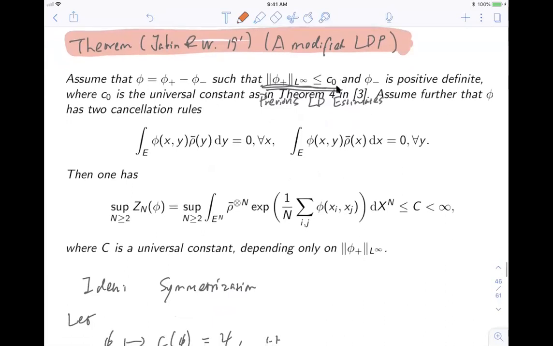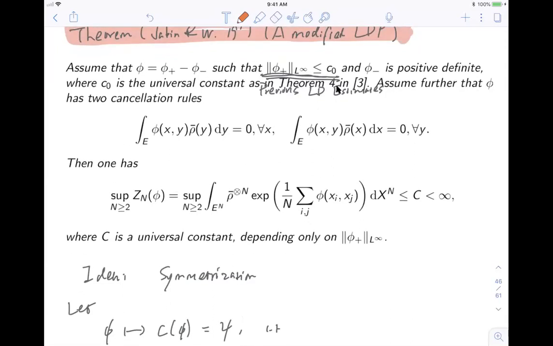Okay, so let's assume phi has two cancellation rules as before. But now we remove the assumptions on phi positive. We only assume the L infinity norm bound C0 on phi positive. So we remove the L infinity norm bound on the potential itself.